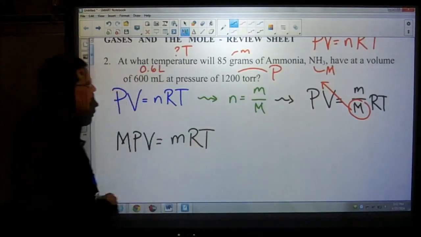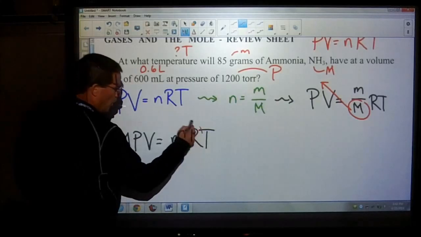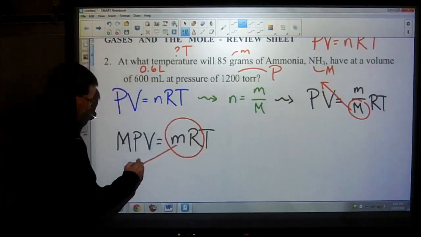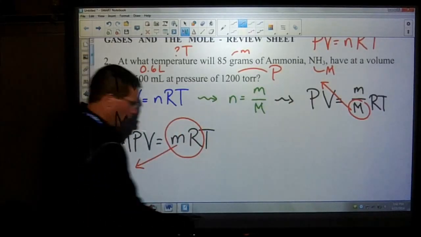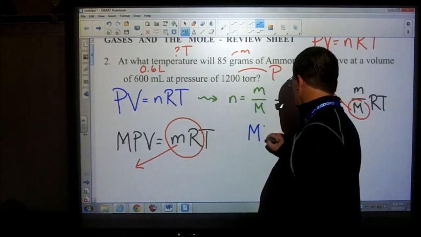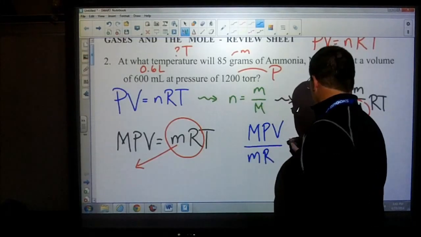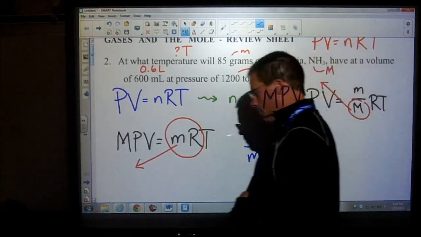That might be a little clearer. Since we need to solve for T, we'll divide by m and R on both sides. So now the equation looks like this, where I have MPV divided by little m R is equal to the temperature.